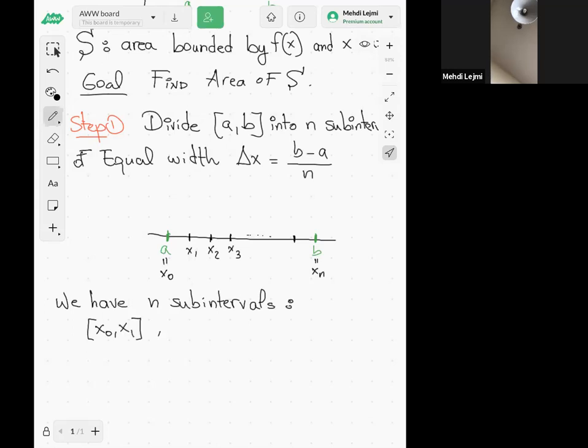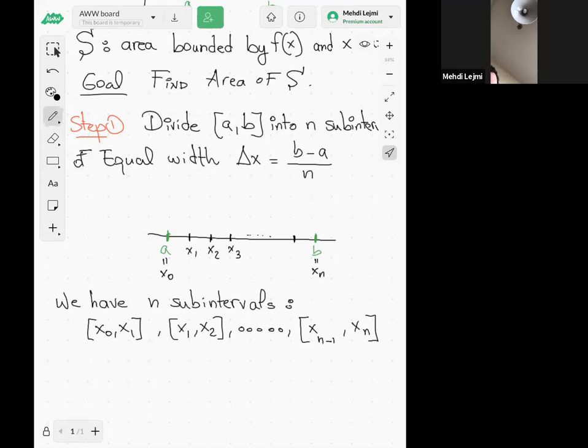The next subinterval is x1, x2, then x2, x3, etc. And then the last subinterval would be from x subscript n minus 1 to x subscript n.